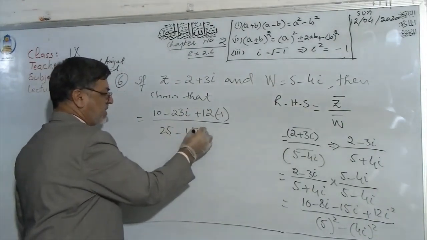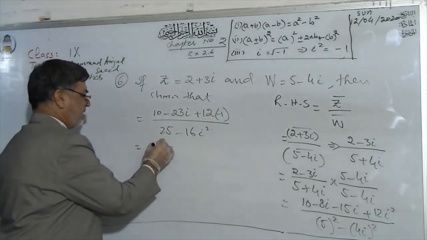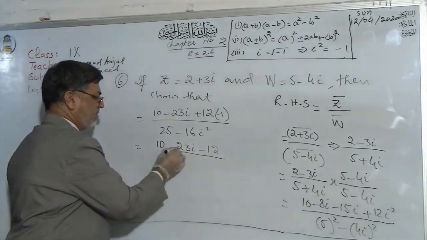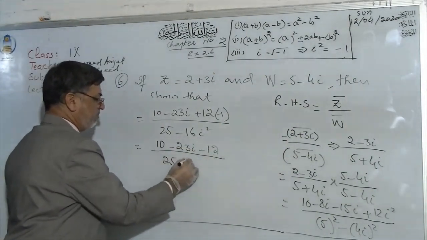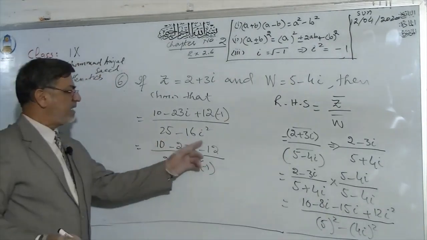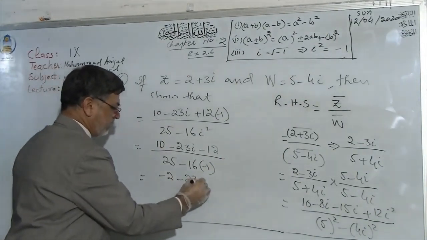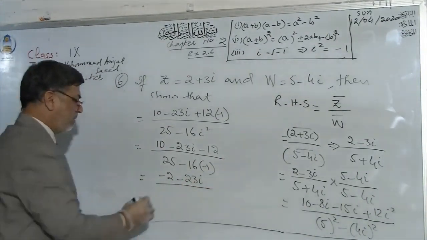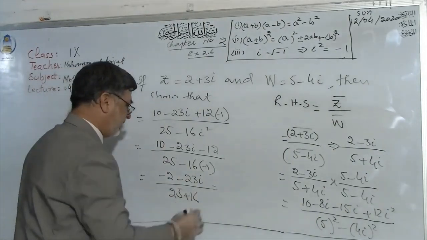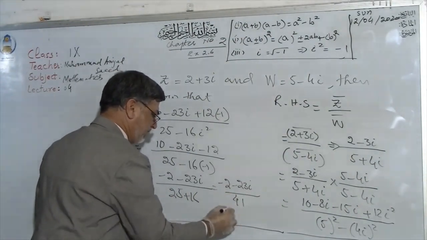The denominator is 25 minus 16 iota square. So it is 10 minus 23 iota minus 12 over 25 minus 16 into minus 1. 10 minus 12 is minus 2, and minus 23 iota over 25 plus 16. Here it is minus 2 minus 23 iota divided by 41.